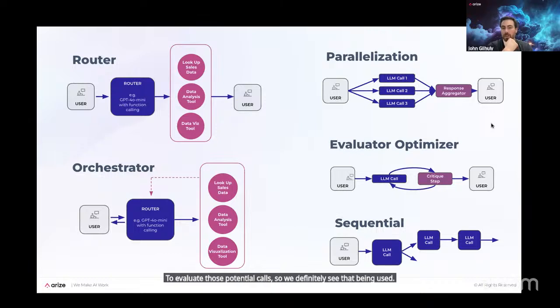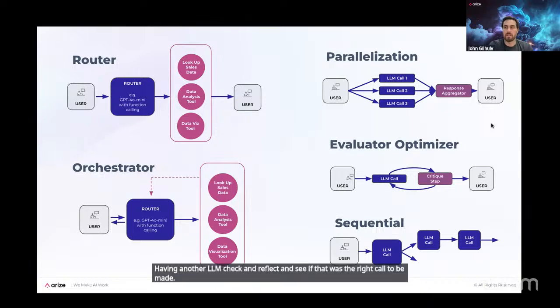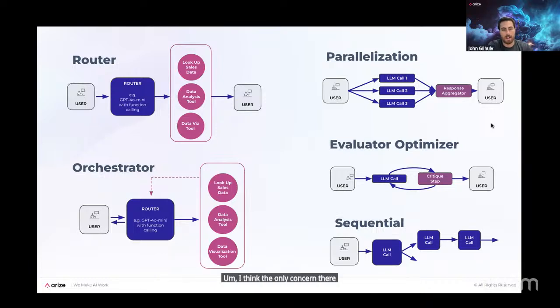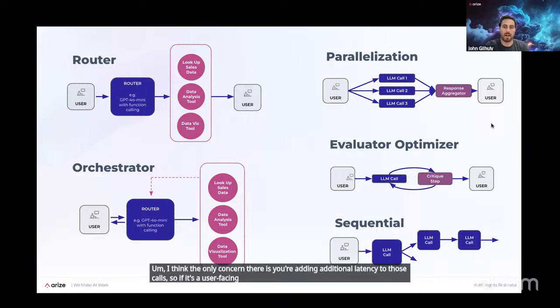You could do a reflection step there, so that before actually routing down that specific path, another LLM checks and reflects on whether that was the right call to be made. The only concern there is you're adding additional latency to those calls. If it's a user-facing application, you're adding another LLM call as part of the main thread.